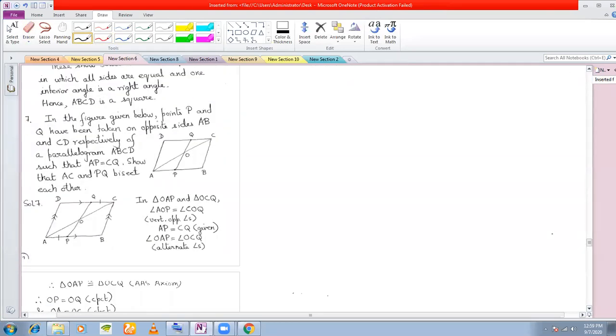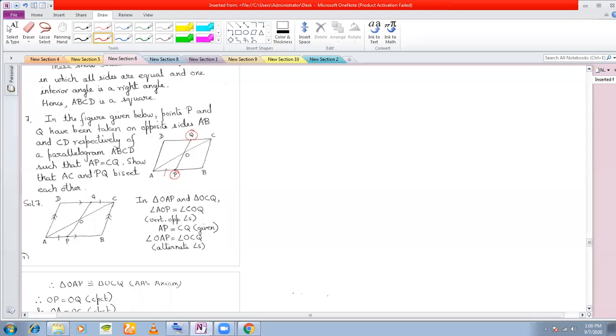See the question here. In the figure given below, points P and Q have been taken on opposite sides AB and CD of a parallelogram ABCD. So any 2 points are taken here. P is any point on the side AB, Q is any point on the side CD, and it is given that ABCD is a parallelogram, such that AP is equal to CQ.